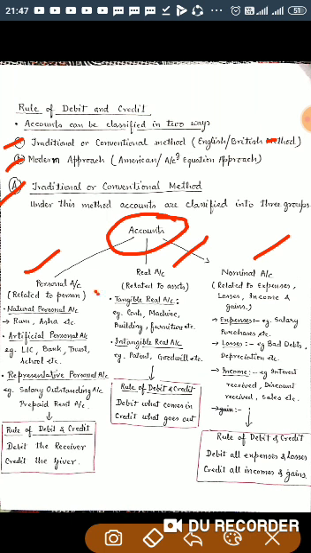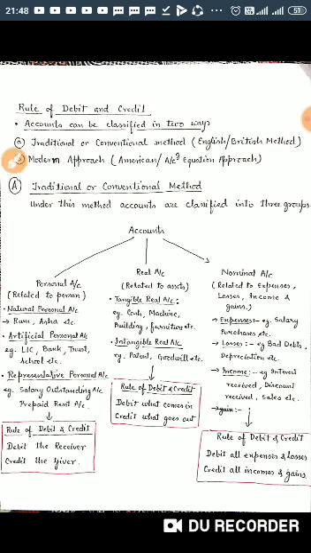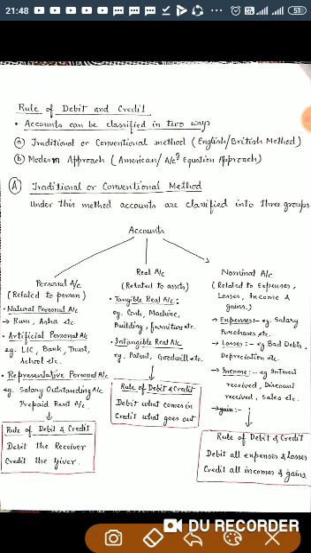Personal account is related to a person. When I say personal account, I am talking about a person, and that person can be a natural person, an artificial person, or a representative person.